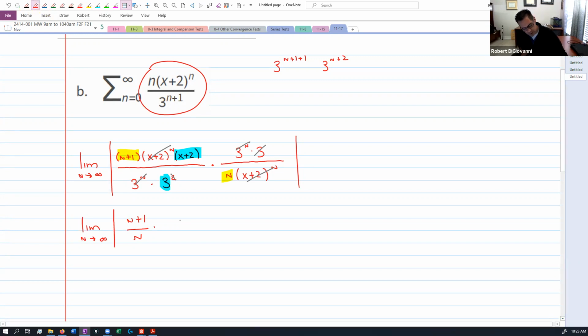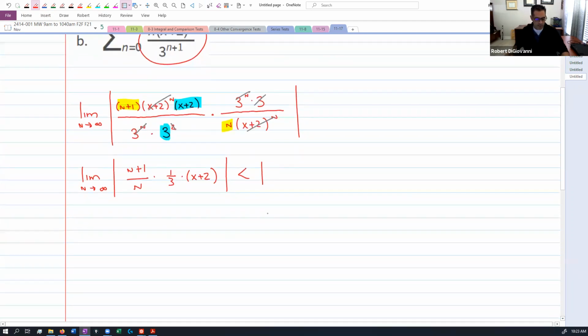So I'm going to say 1/3 times x+2, and then absolute value. Now I need to have that less than 1. And good news here, this limit goes to 1, right? That goes to 1 when n goes to infinity, which means we have absolute value 1/3 times x+2, absolute value here less than 1.